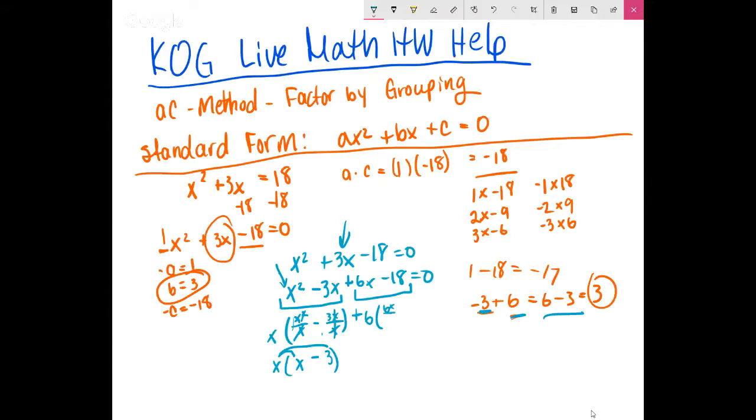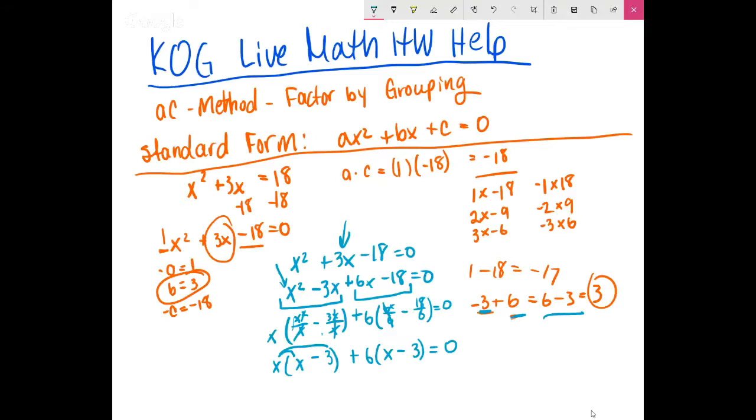Then we're going to do 6x divided by 6 minus 18 divided by 6 equals 0. 6x divided by 6, we cancel that out. We're left with just x. And then 18 divided by 6 is 3. Voila. Okay, not done yet. Almost.